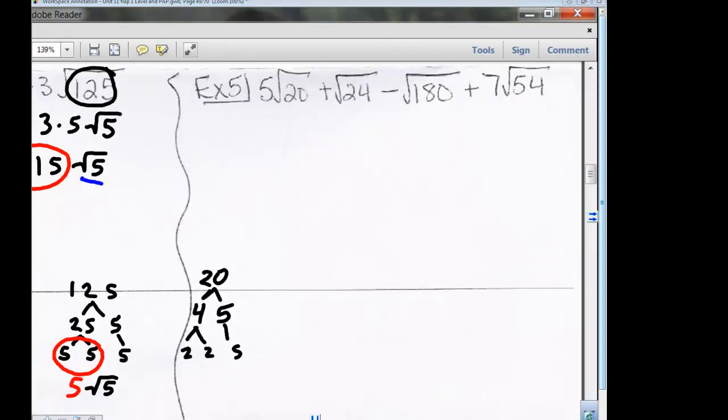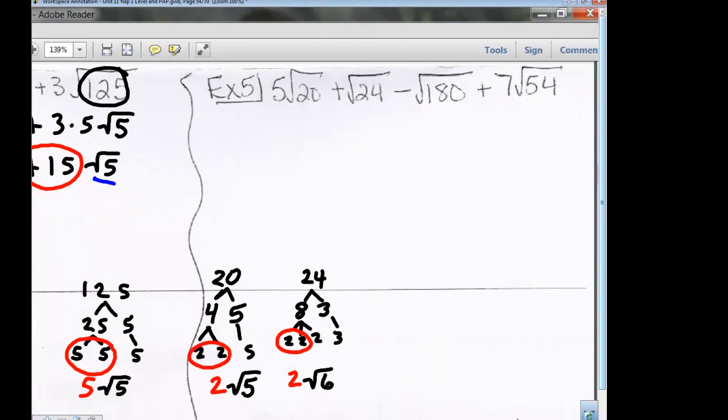Example 5. Notice that I have the same problem. 20, 24, 180, and 54 are not like terms, and they're not simplified. So we need to simplify first. 20 breaks down to be 2 times 2 times 5, which simplifies to 2 square roots of 5. 24 breaks down to be 2 times 2 times 2 times 3.